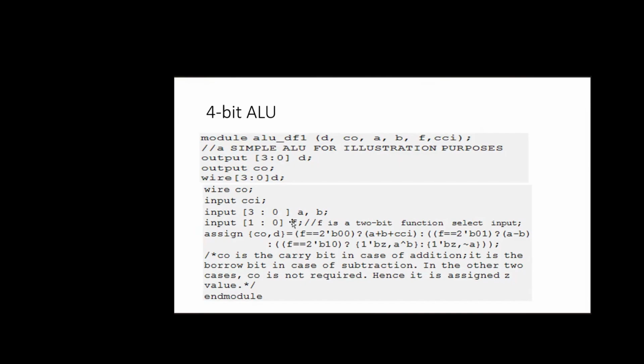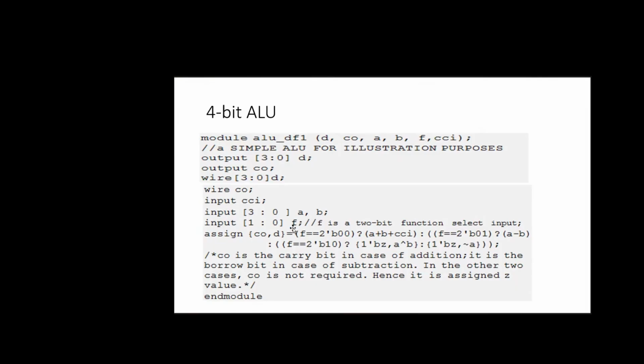Then the selector input. The operations performed are the addition operation, subtraction operation, XOR operation and complement operation. So two arithmetic operations and two logical operations are performed in this program. To select which operation is to be performed, we have to use the selector input.